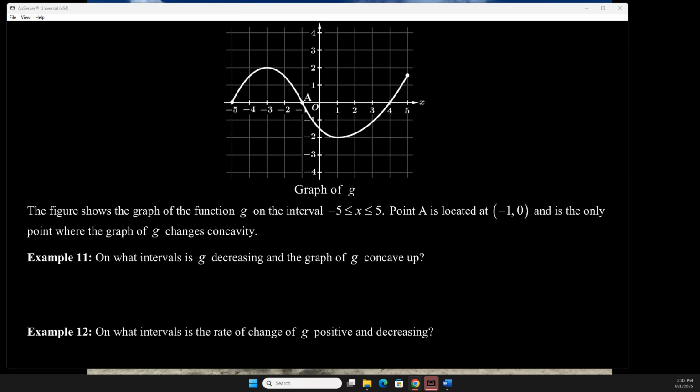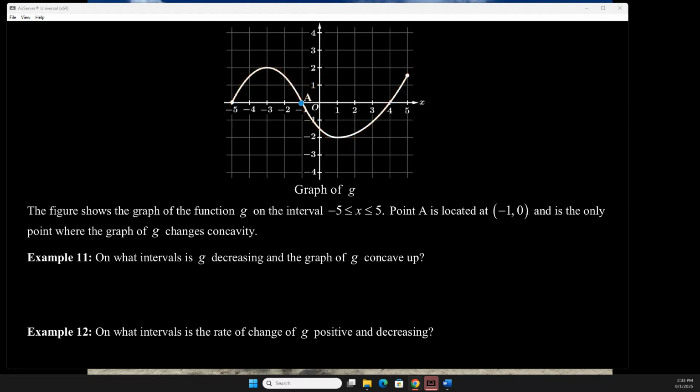Alright, and then one more, or two more questions. So we have this graph G, it's a curvy graph, and we know that point A is at negative 1, 0, and it's the only place where the concavity changes. So we have concave down changes to concave up at that point. I'll tell you what that point's called later.